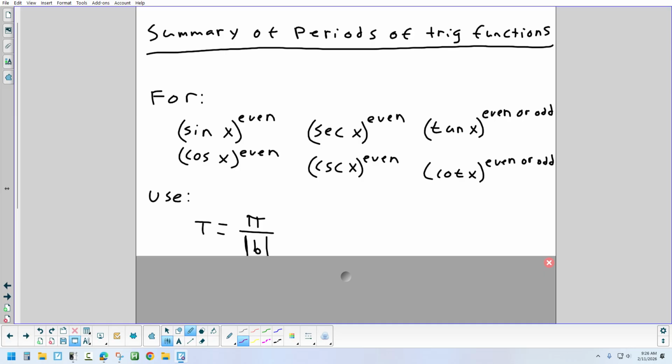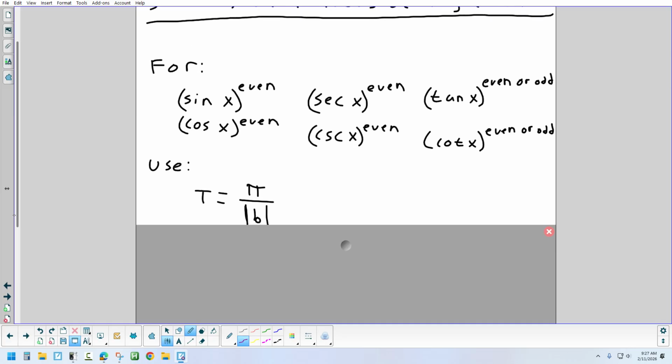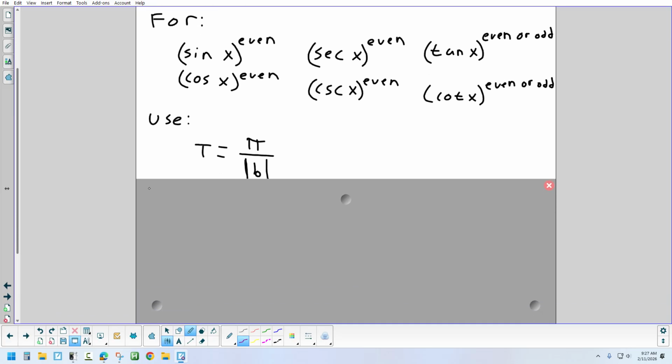Well, what cases are left? What case do you think 2 pi over b is going to cover? Yeah, odd exponents for sine, secant, cosecant, and cosine. So it's just the odd powers for sine, cosine, secant, cosecant.